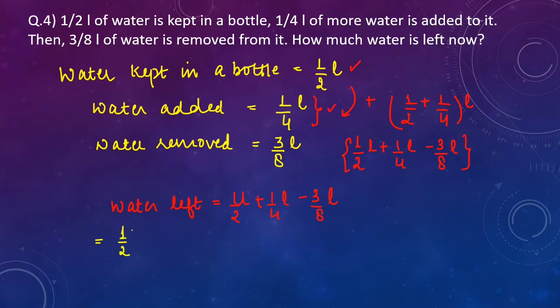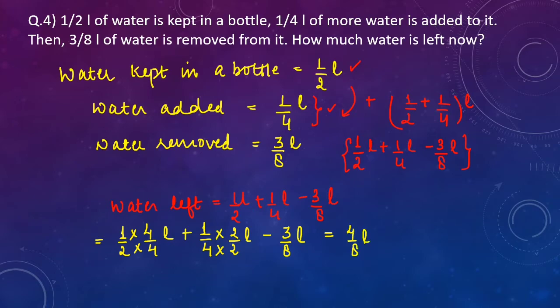So 1 upon 2 multiplied by 4 upon 4 liter plus 1 upon 4 multiplied by 2 upon 2 liter minus 3 upon 8 liter. So 4 upon 8 liter plus 2 upon 8 liter minus 3 upon 8 liter.